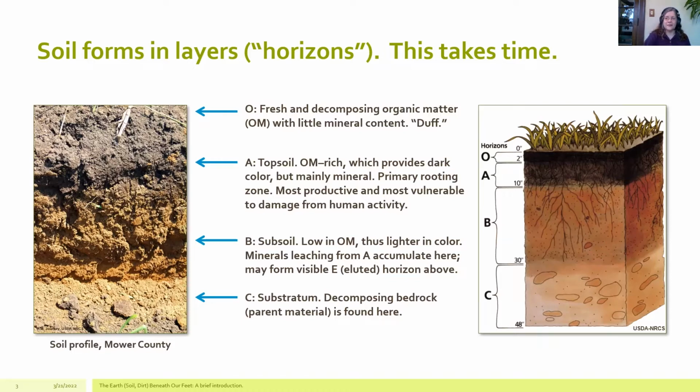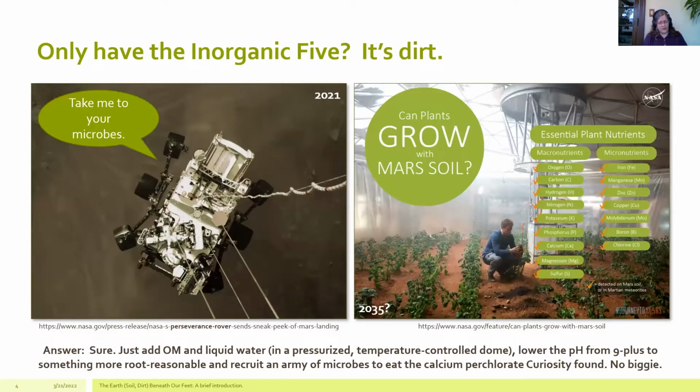It's not sediment. So if you only have the inorganic 5, the 5 components being sand, silt, clay, air, water, so far we're inorganic, and then organic matter, what you have is dirt, because nothing's alive in it.